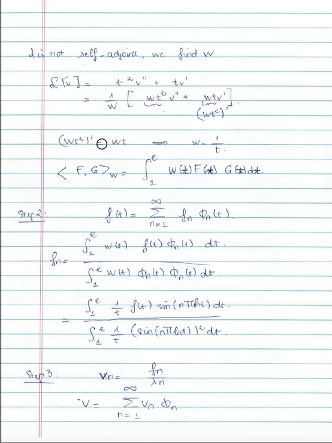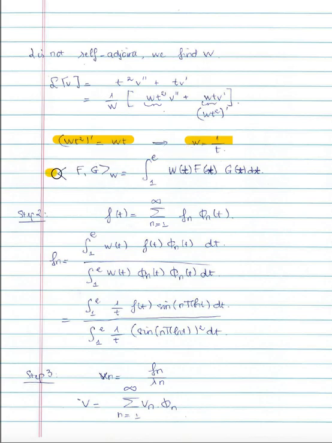Now the question becomes solving this equation. This is a first order differential equation that you can solve by using the separable method, right? This you can find in one of the tutorial videos. We can find that W is 1 over t.